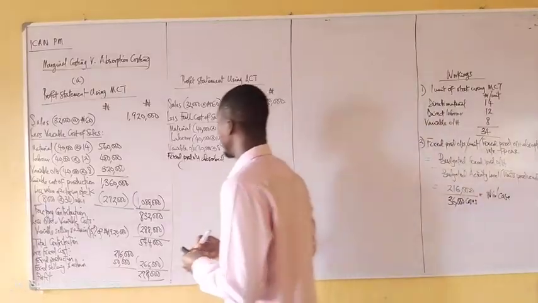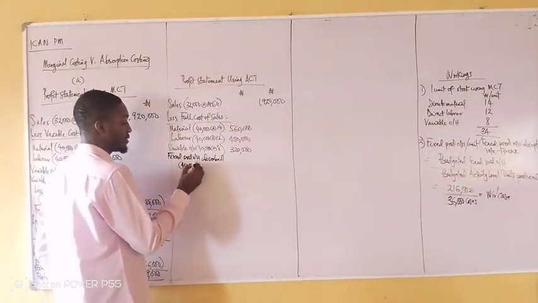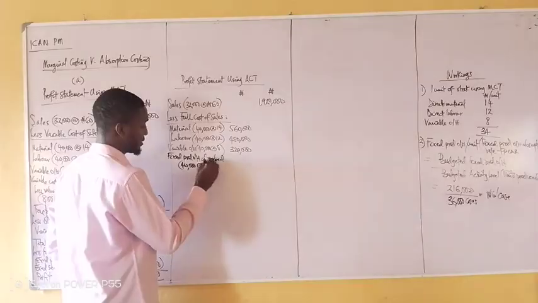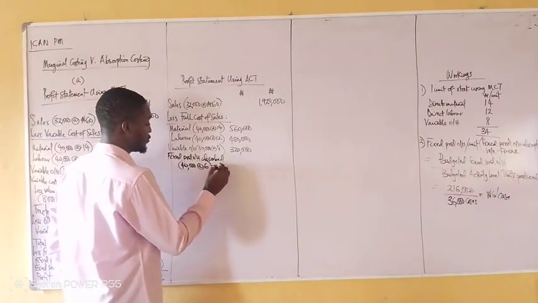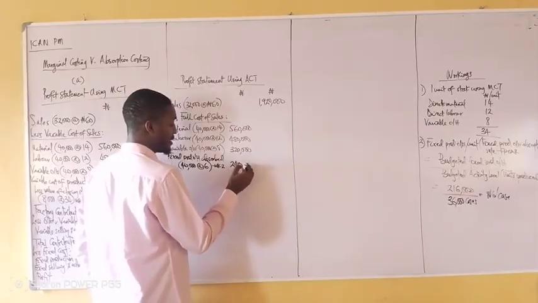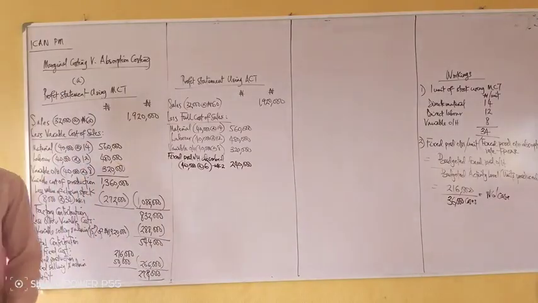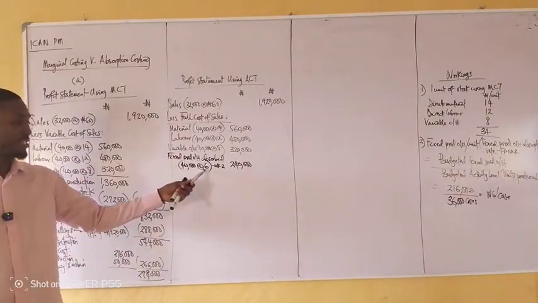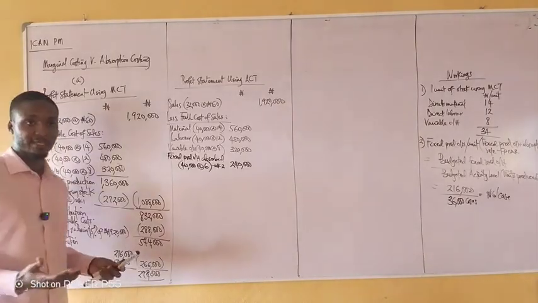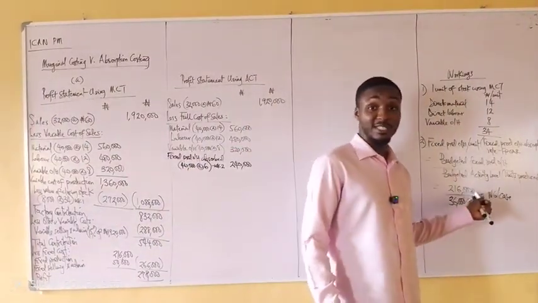So we'll now come here, fixed production overhead absorbed, 40,000 at 6, workings 2, 240. Now this is where the over or under absorption comes in. We've multiplied 40 times 6 as 240. Was 240 what we spent on fixed overhead? What did we incur in fixed overhead? 216.